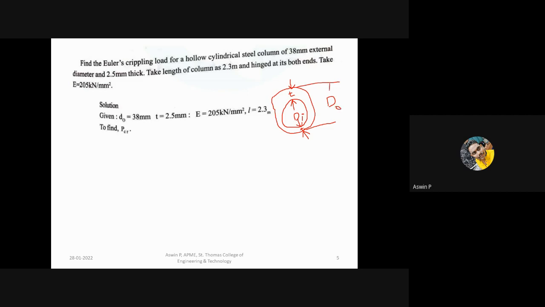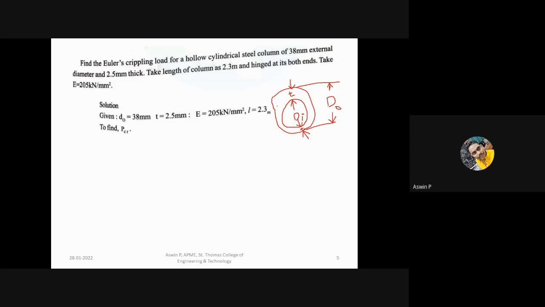Do is given as 38 mm, and thickness is also given, that is 2.5 mm. So from here to here the total distance is 38, and we have 2.5 here and 2.5 here. Then you can find di by Do minus 2 into t.